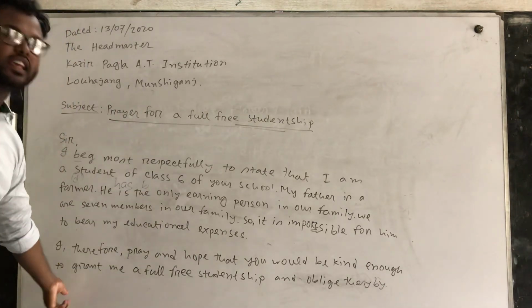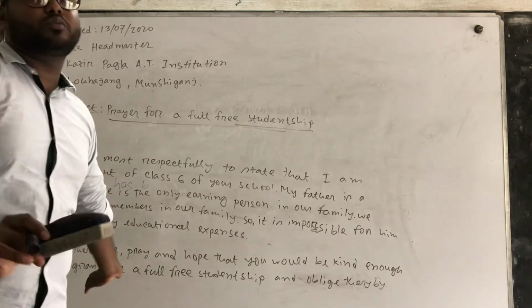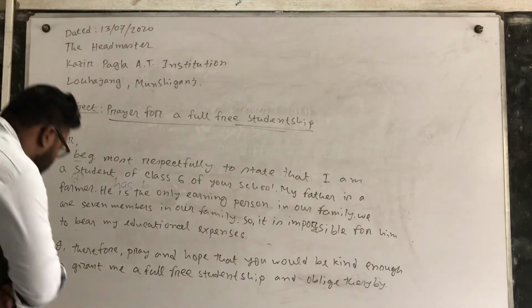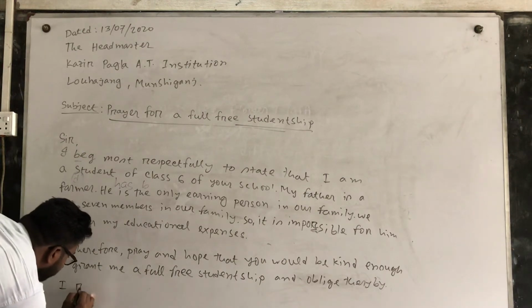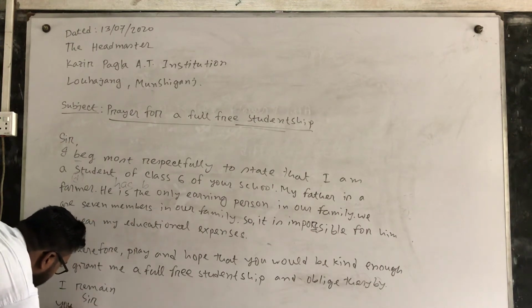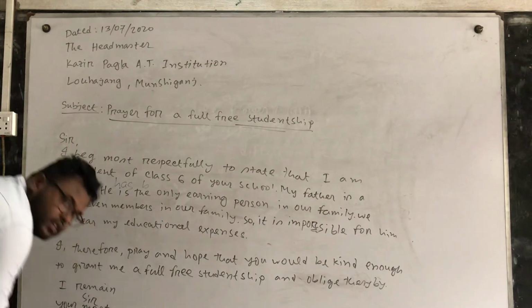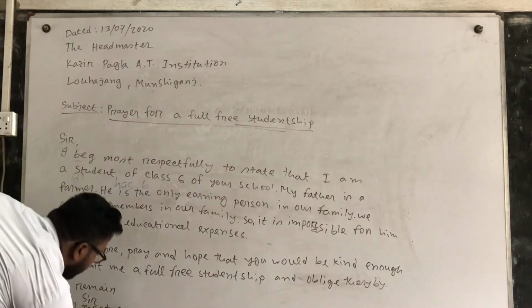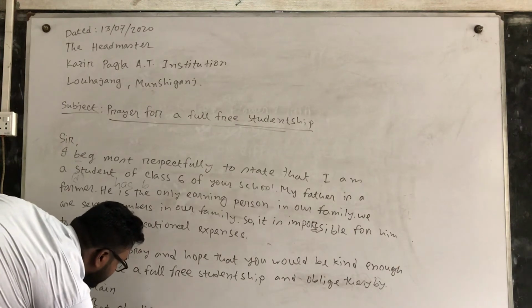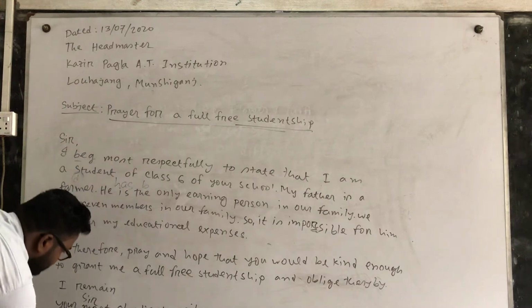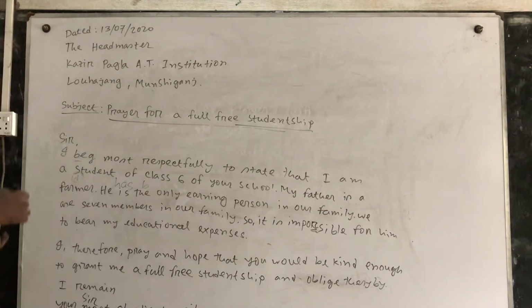Then finally you have to give your identification. This is like, I remain, sir, your most obedient pupil. Pupil means students. Then the name of the student and class of the student.